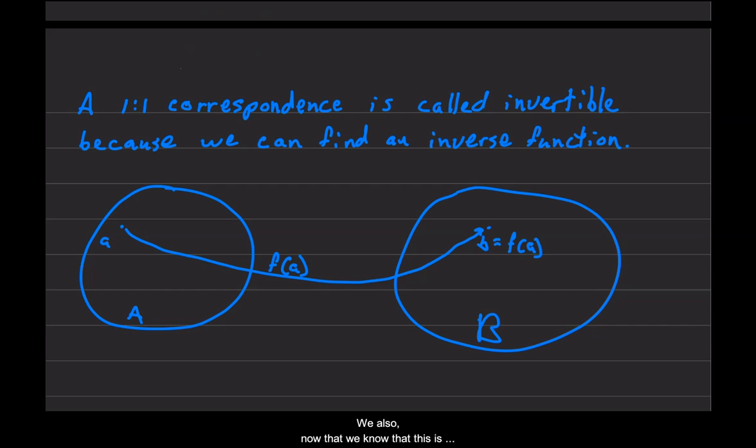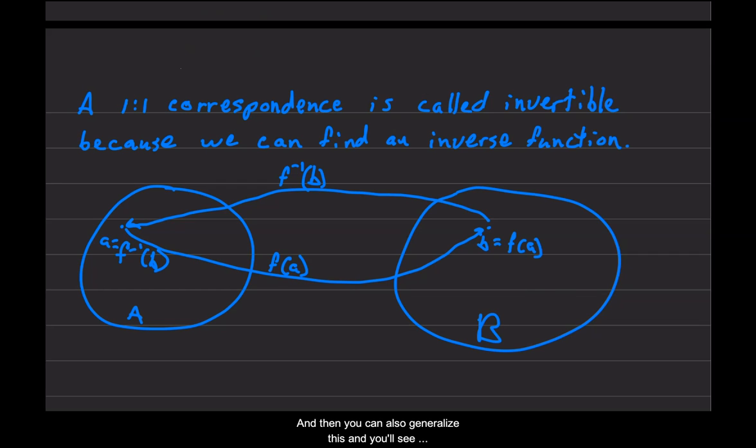And that's our typical situation that we see. Now that we know that this is a one-to-one correspondence, we can draw a line with an arrow going from b back to a, and this is the inverse function of b. So point a can be said to be equal to the inverse function of b.